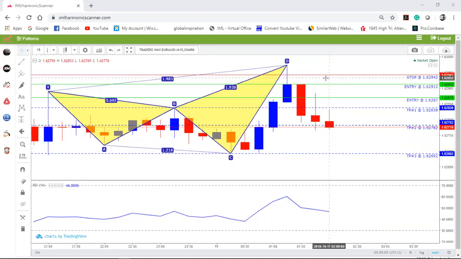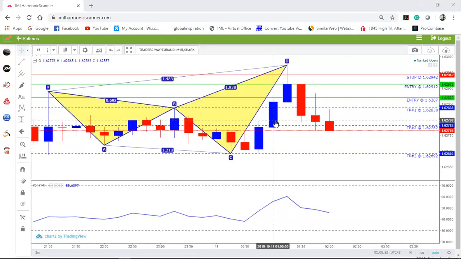Let's dive into exactly what we're looking at. There are different types of patterns that are going to come up. For example, this is a shark pattern. We have bat patterns, Gartley patterns. The patterns themselves are just showing you the measurements, which you don't need to worry about. These are Fibonacci ratios.